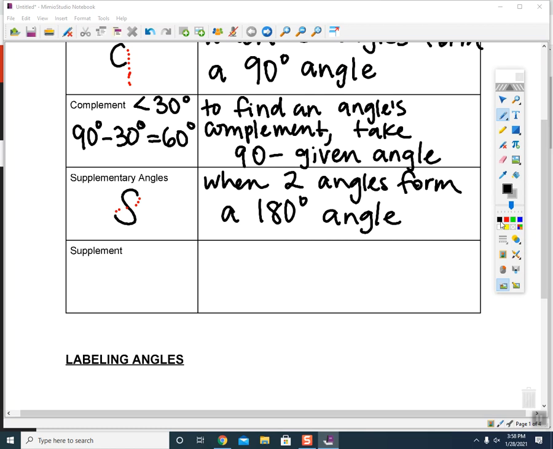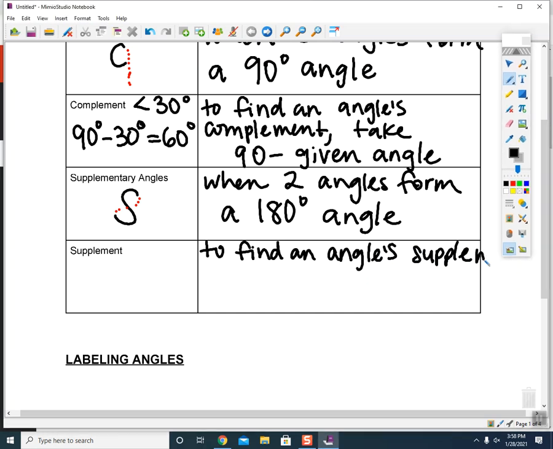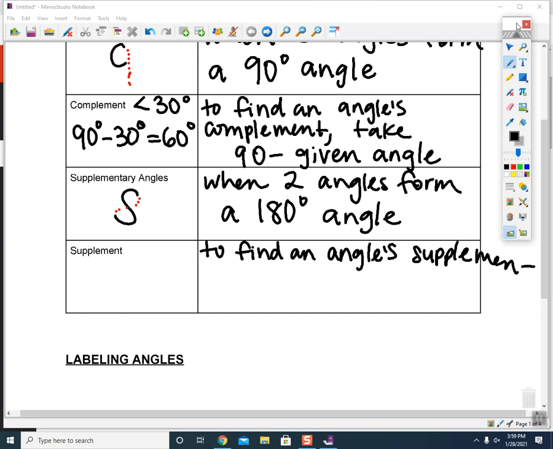So to find an angle's supplement, we're going to take 180 minus our given angle.